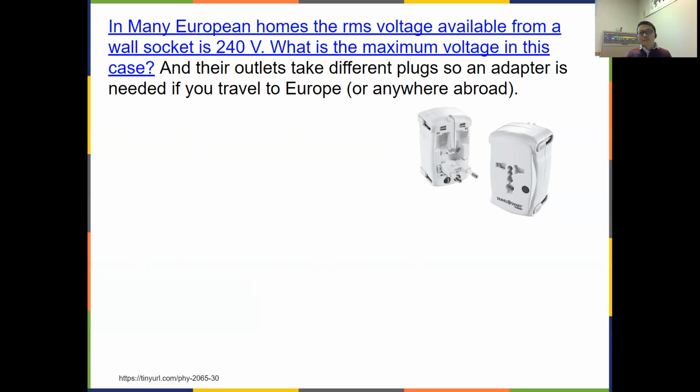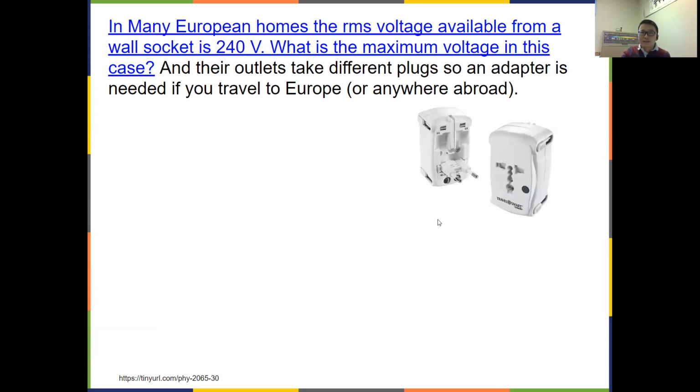Not only are the voltages different, but the plugs are also different. So if you travel to a country abroad, in addition to the voltage changes, check your electronics chargers to see the specifications, whether they can adapt to 100 to 240 volts. In addition, you might want to take an adapter plug along with you.